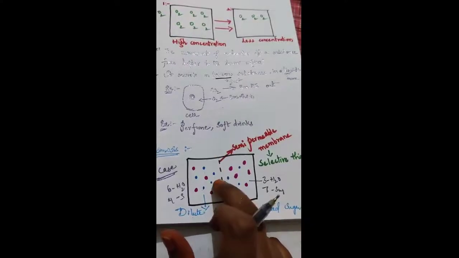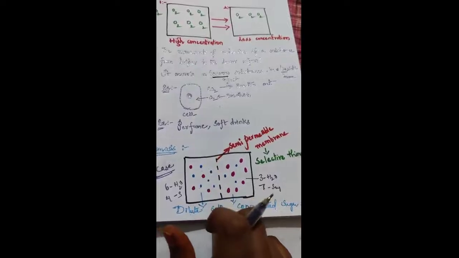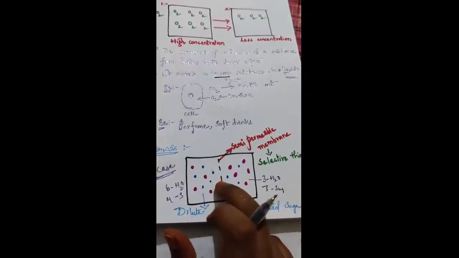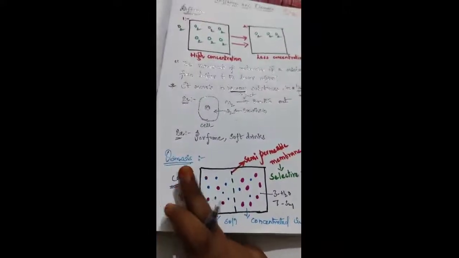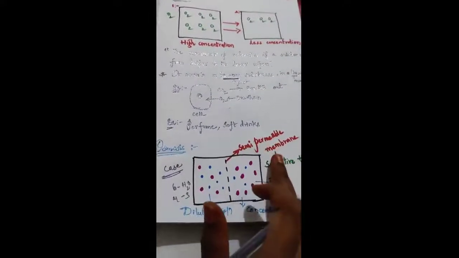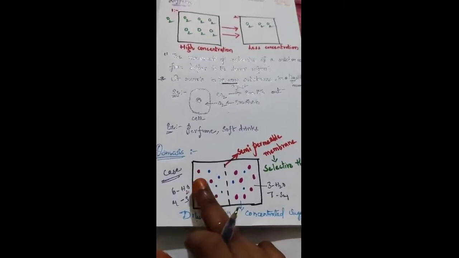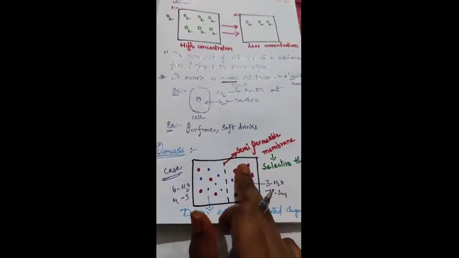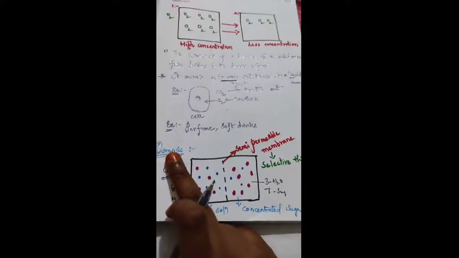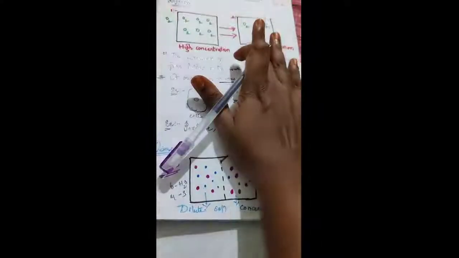If you are not writing semi-permeable membrane in this answer, if you are not mentioning this, you will not get any mark. So please remember it. The osmosis process only happens when there is a semi-permeable membrane. The movement of molecules from dilute solution to the concentrated solution through a semi-permeable membrane is called osmosis. Here, with plain diffusion, it is just higher concentration to lower concentration, that's it.